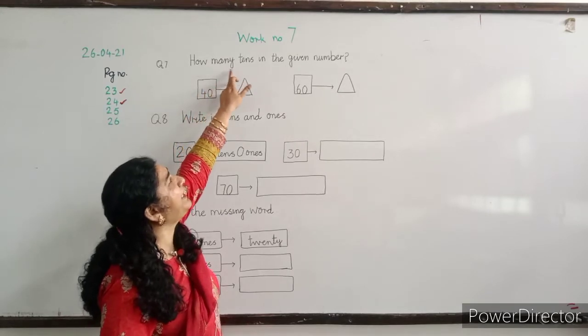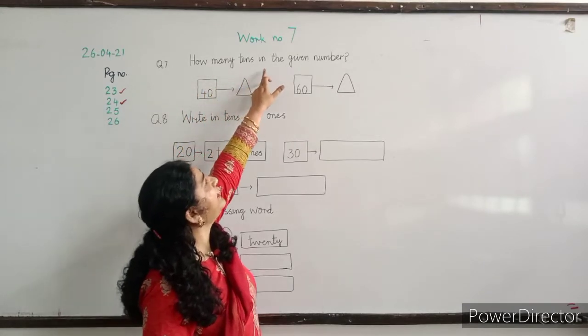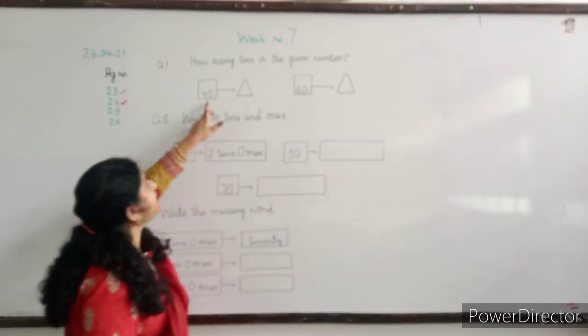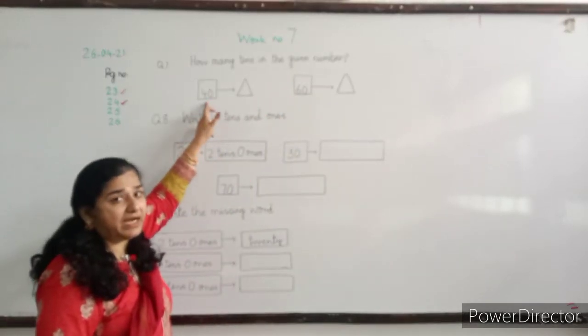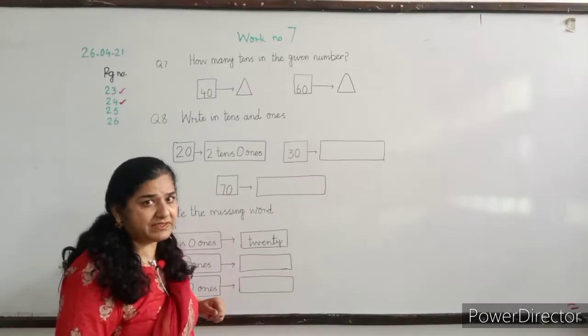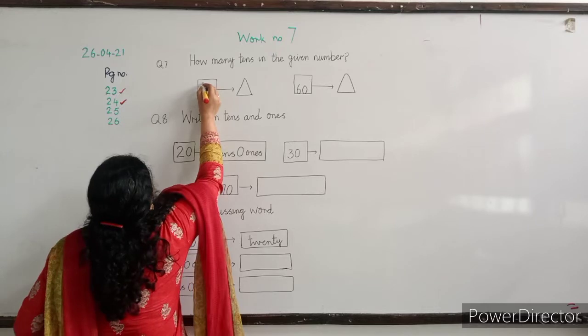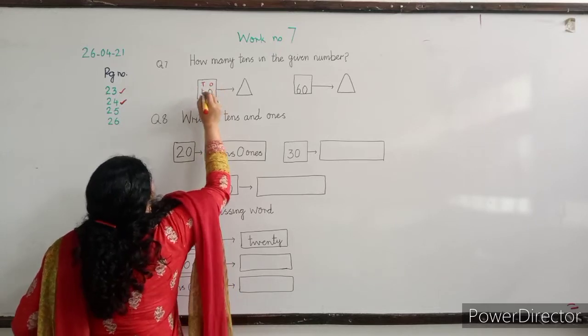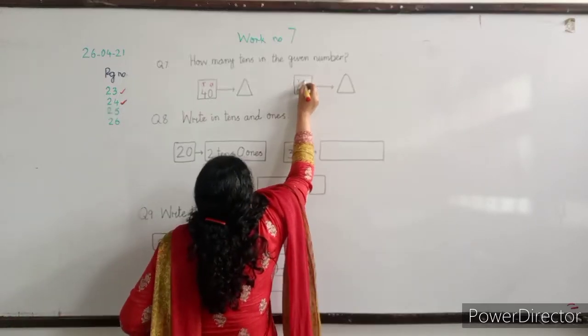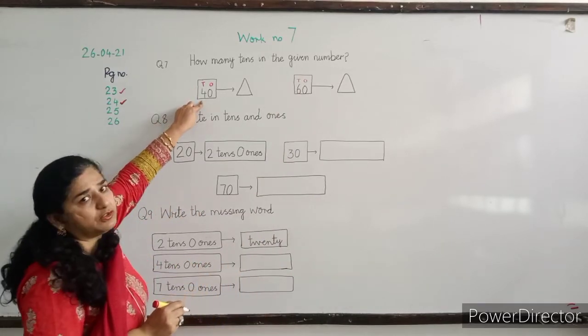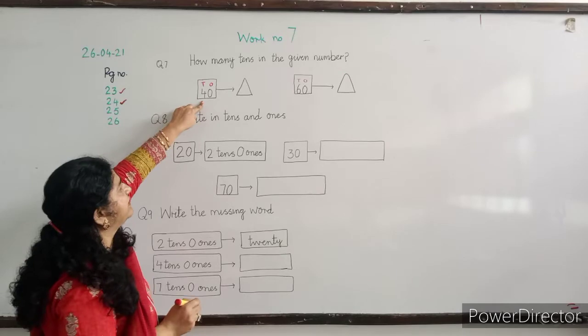How many tens in the given numbers? Now, see, the number is here and you have to find the tens. Right? See, look here. This is tens and ones. So, see, how many tens are here? 4 tens.